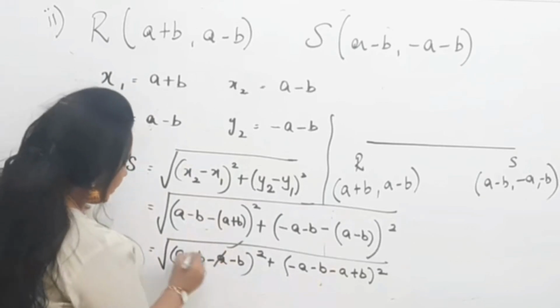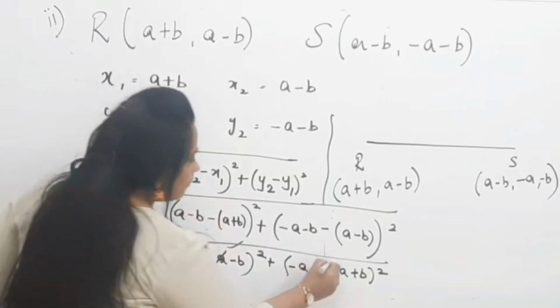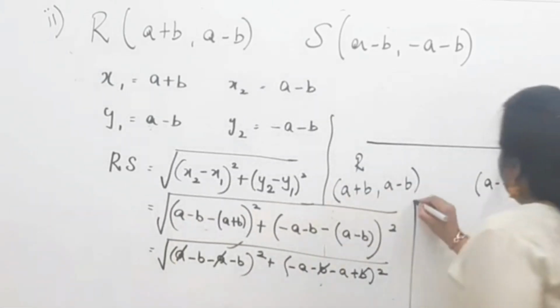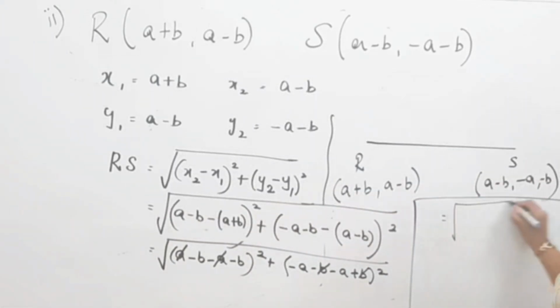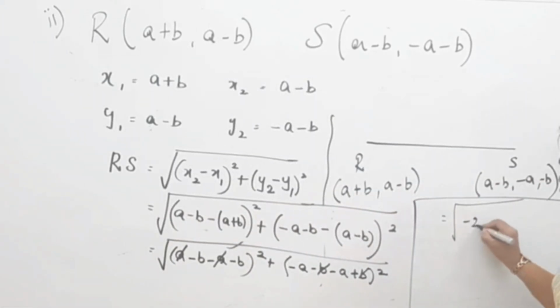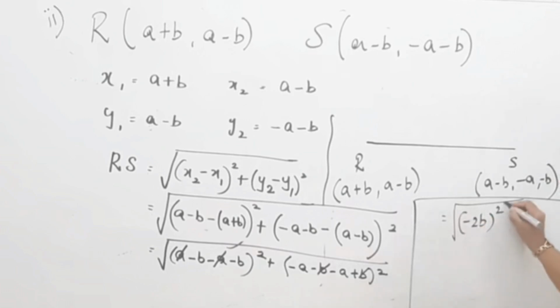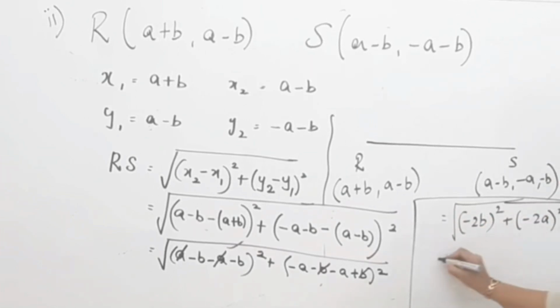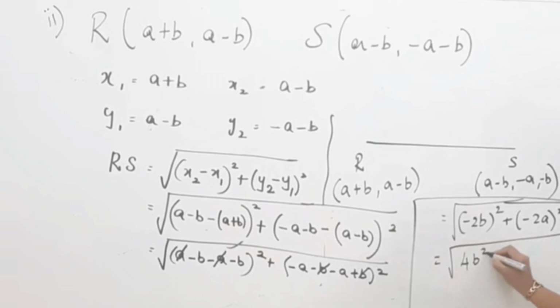Now you can see plus a minus a gets cancelled, minus b plus b gets cancelled. So my square root becomes square root of (-2b) the whole square plus (-2a) the whole square. That becomes square root of 4b square plus 4a square.